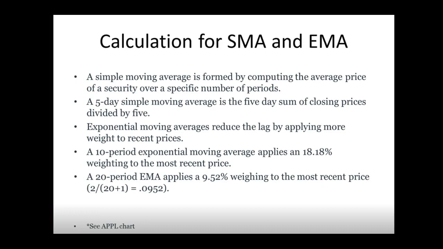So an EMA is a bit different because the first day is weighted by 18.18 on a 10 period exponential moving average. So we put 18% more value on the first day, and then on a 20 period EMA, it's half the weighting of a 10 period, and on a 5 day, it's twice the weighting.